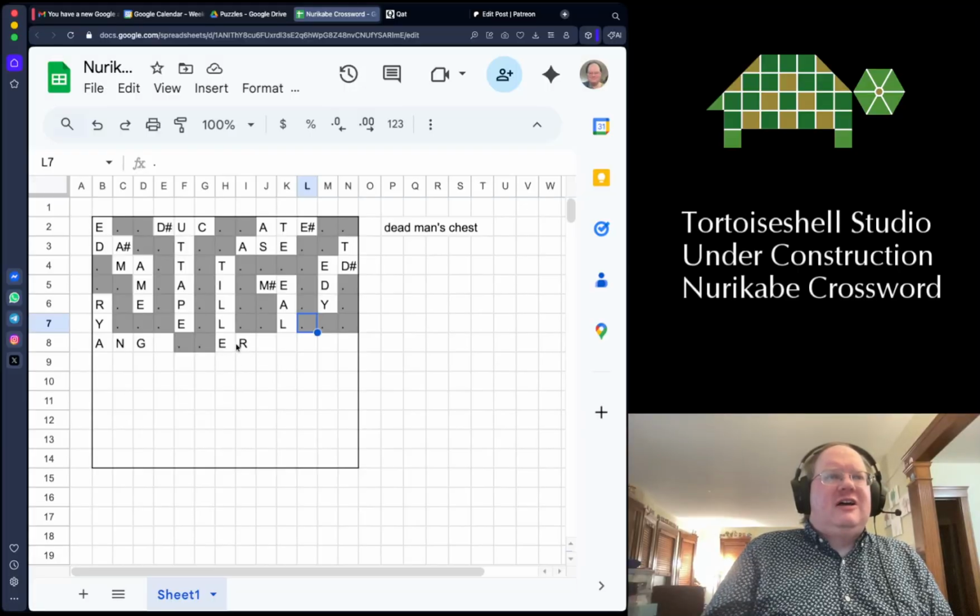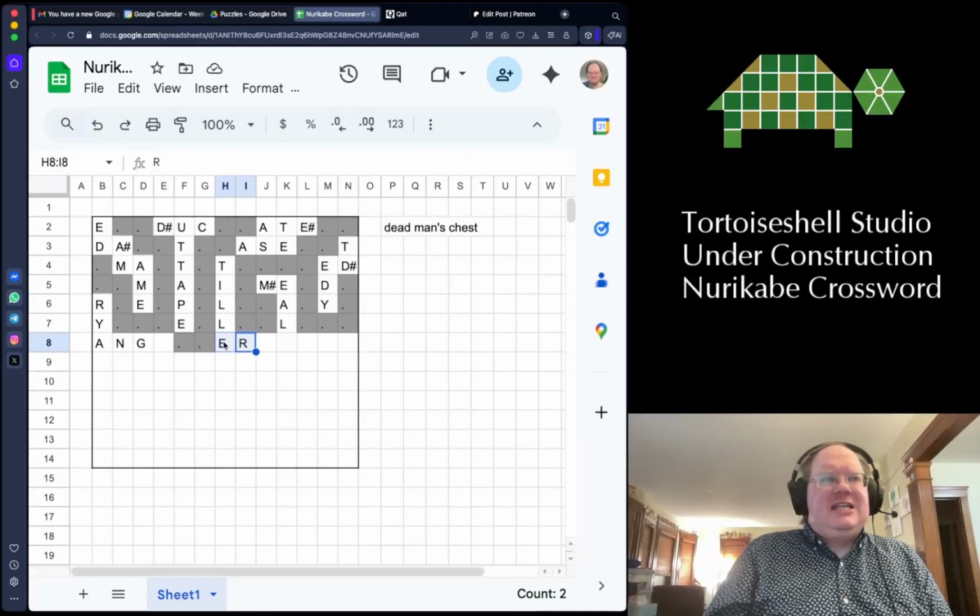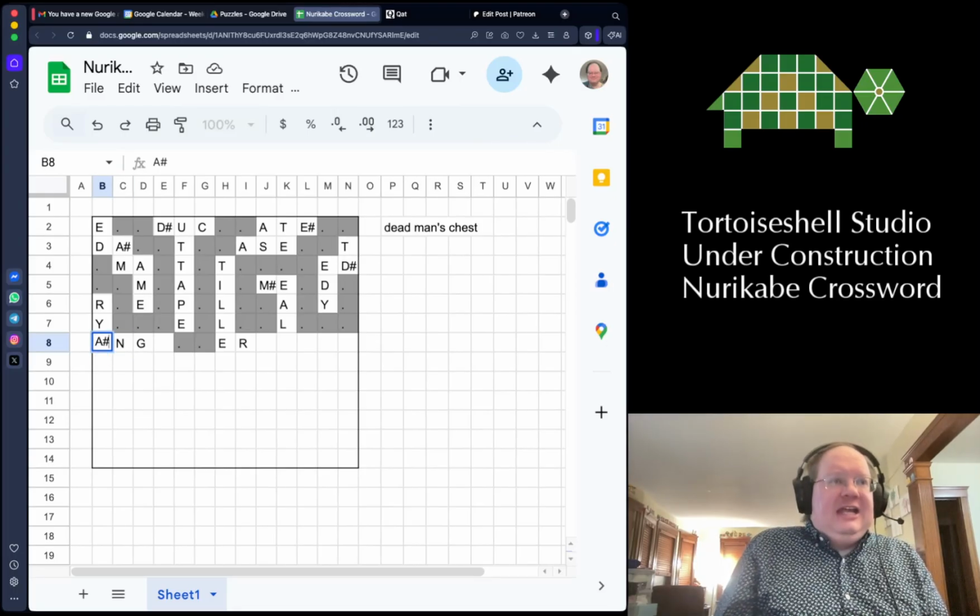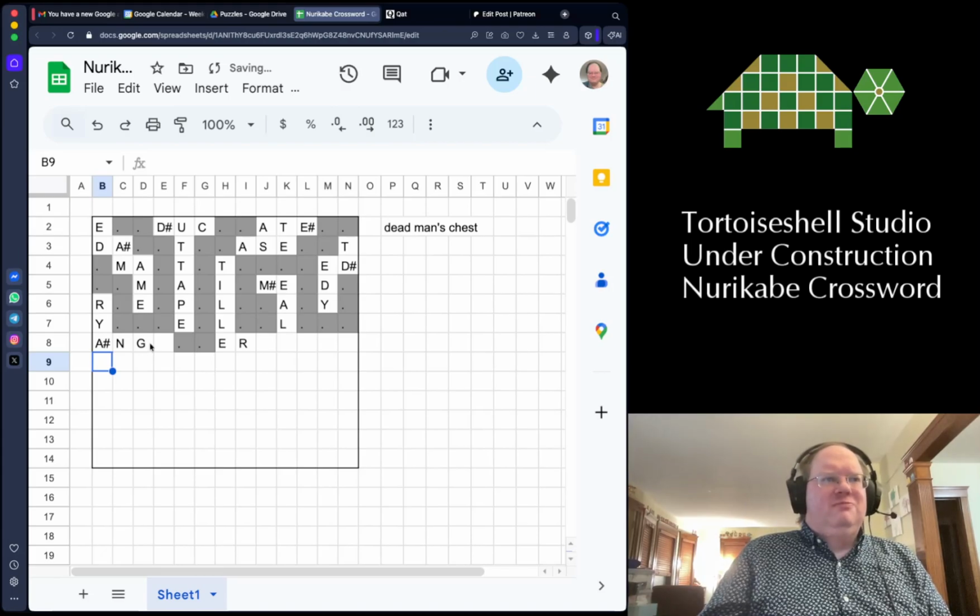Oh, but I completely forgot that this also has to have an N or an S. Well, we could have the N be, oh no, we need an A for, okay. So this is the A in Dead Man's Chest. Boy, I know I need to make this deeper.